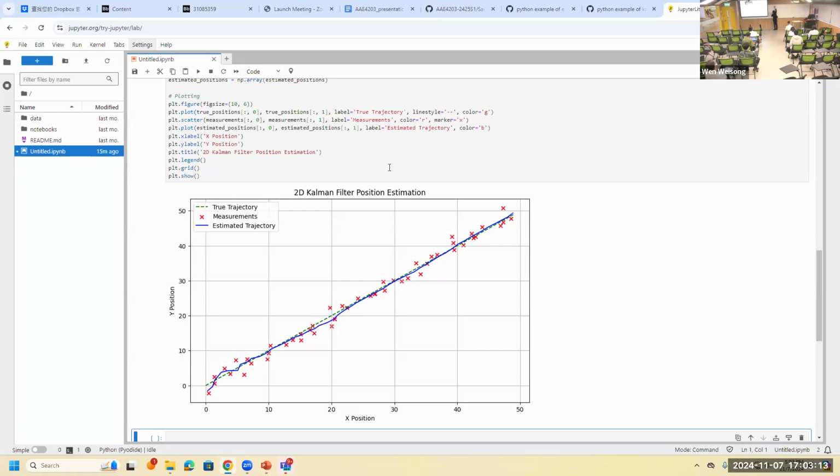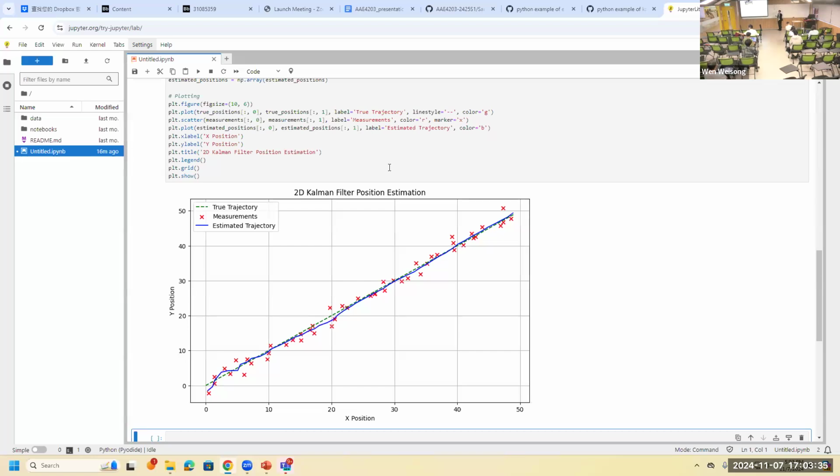The problem is, okay, if this is the 2D coordinate system, and a robot is moving along this trajectory, so this is a reference trajectory, the ground truth, moving from this point to this point.